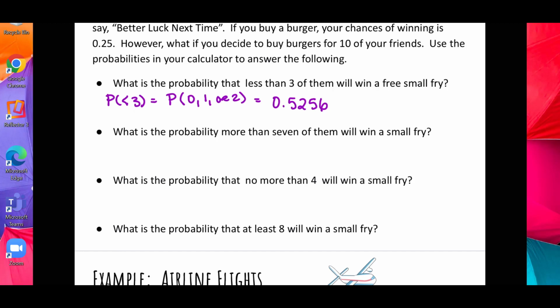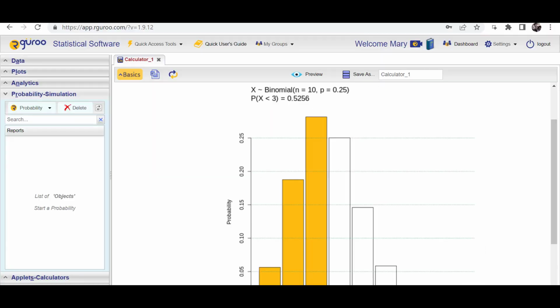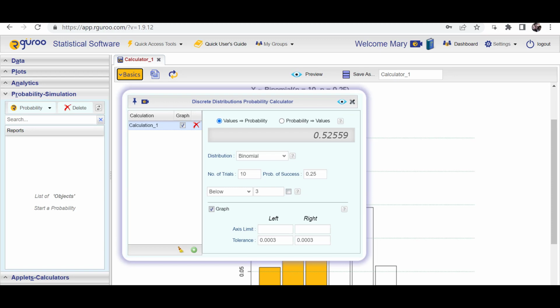What's the probability that more than 7 will win a small fry? So more than 7, we're going to be adding the numbers 8, 9, or 10. And quickly we can let Rgruoo again do this for us. All right, so just go back to basics. It's still 10 trials. Probability of success is still 0.25.